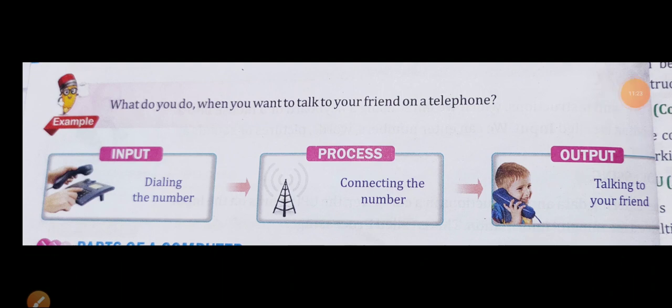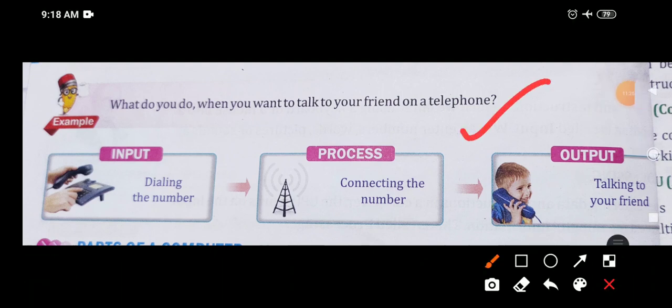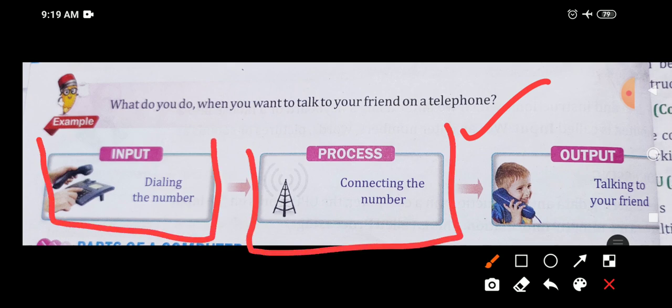Now let us take one more example of a telephone. How do you make a call on a telephone? The input is, we dial the number. Processing is connecting your number and your friend's number, the number you have dialed, and talking to your friend is the output. Okay, so on this IPO cycle, input process output cycle, a computer works.